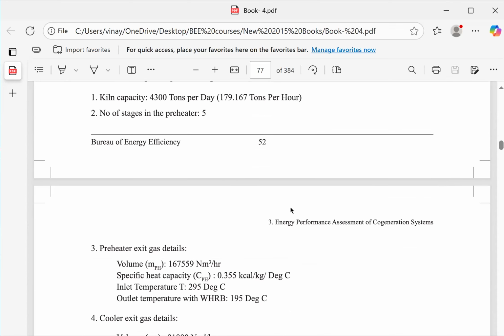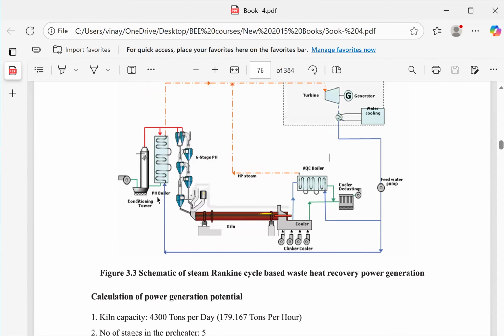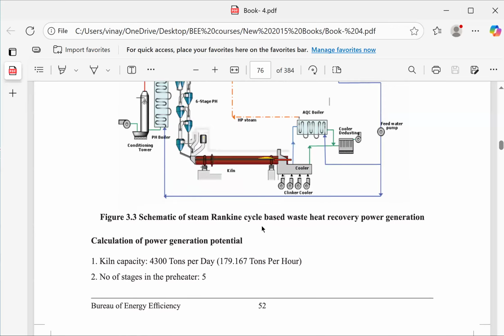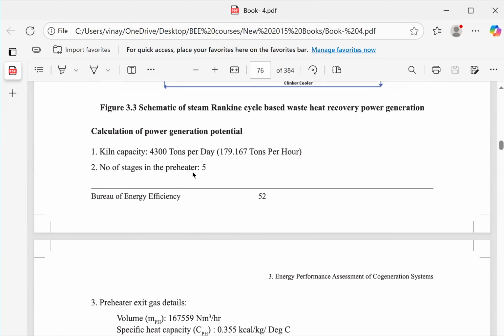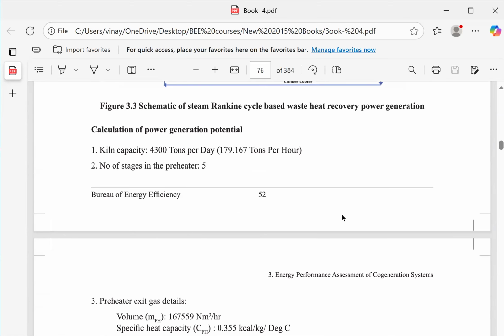This preheater gas, the high temperature gas, is going to the PH boiler. So volume is so many cubic meters per hour, specific heat, so many kilocalories per kg per degree centigrade. Remember, here it is kilocalories per kg, whereas all the parameters given here are in tons per hour.